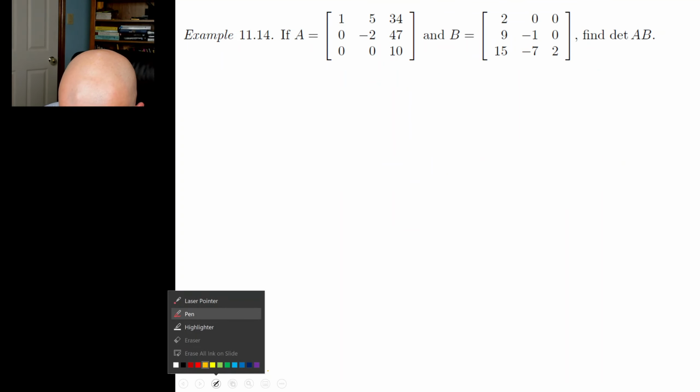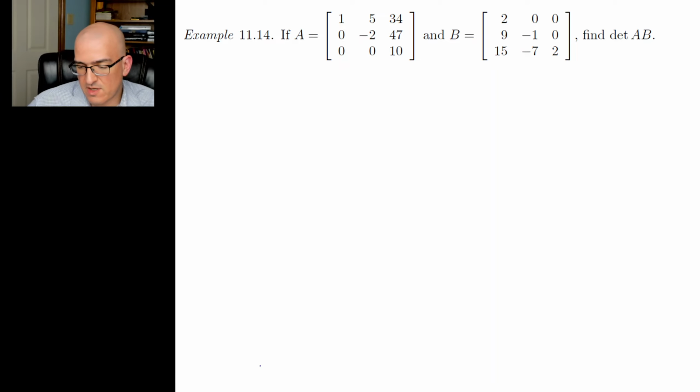How about this set of matrices? Determine the determinant of A times B. They're not that bad to multiply. They're 3 by 3s. So you're going to have 9 dot products to do. Well, I think I misspoke when I said 7 by 7. You're going to have 49 dot products to do for that one. Sorry about that. Here you have 9 dot products to do for this. Each of them's not bad, they're small.